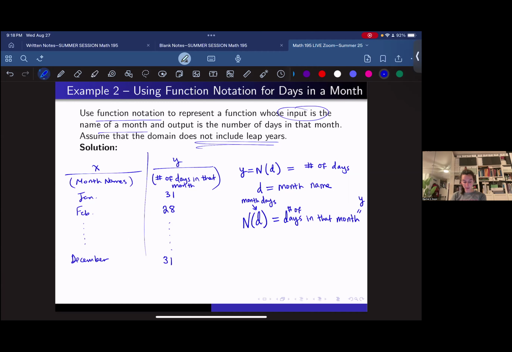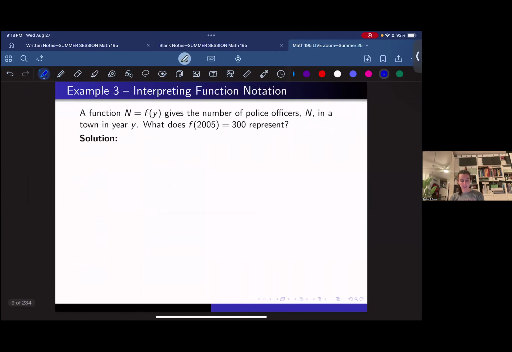So let's keep going. Let's move on to our next example where we're able to interpret function notation. We have a function n is equal to f of y gives the number of police officers n in a town year y. And we're asked, what does f of 2005 equal to 300 represent?